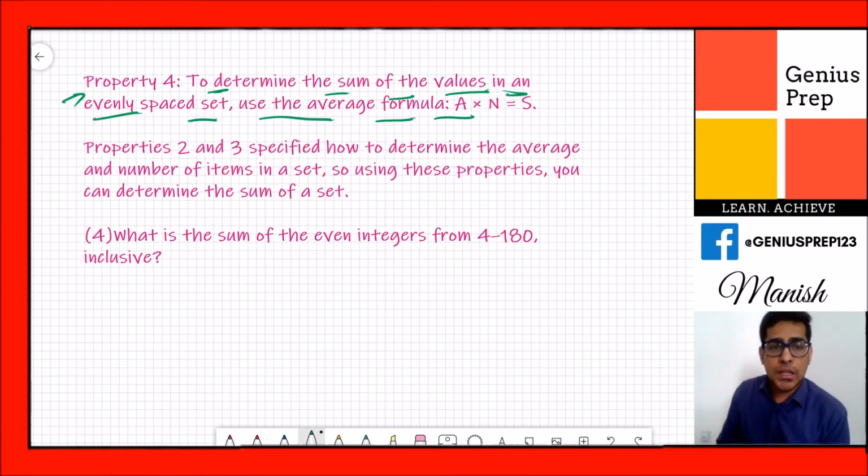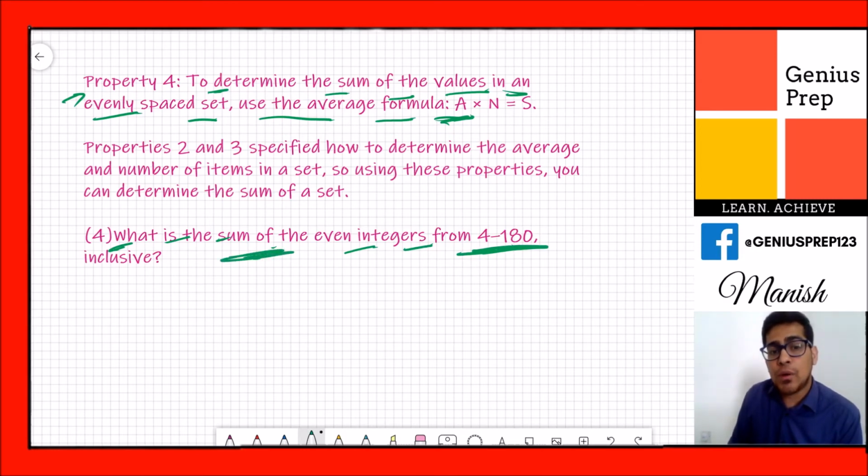Suppose the question says, what is the sum of even integers from 4 to 180? We have to find the sum of the even integers. First of all, we need to use this formula: A is for average and n is for the total number of terms.